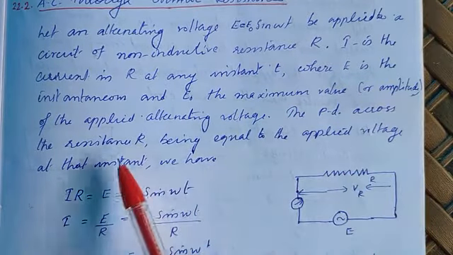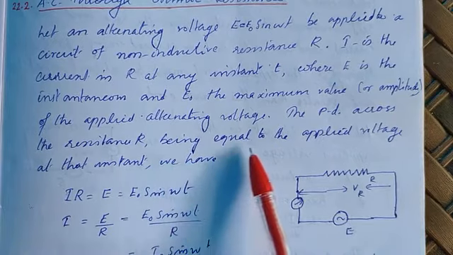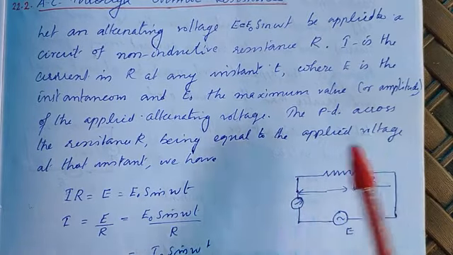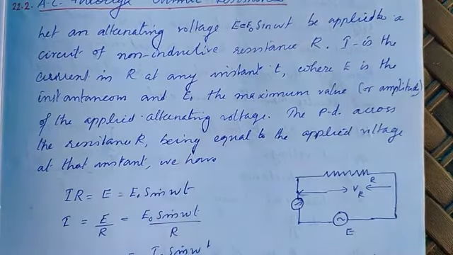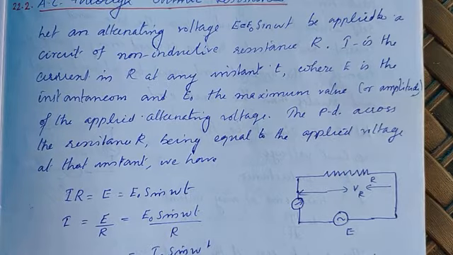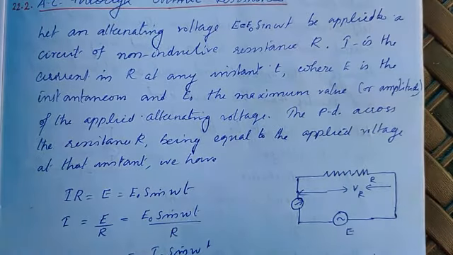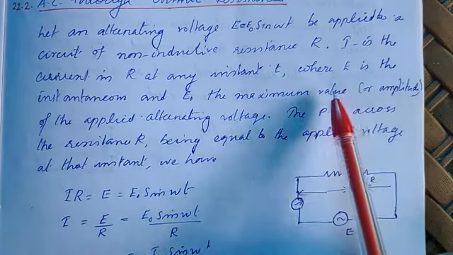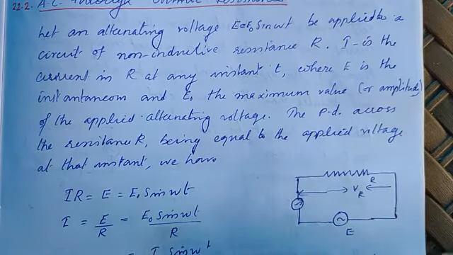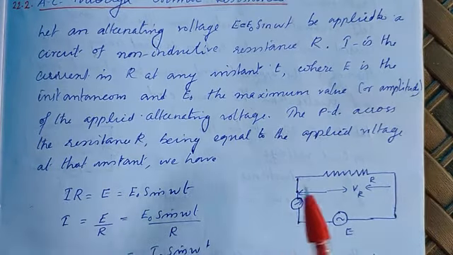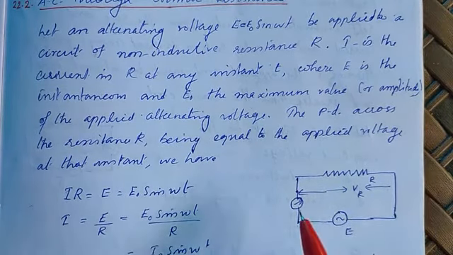The potential difference across the resistance R being equal to the applied voltage at that instant, the method of solving this is just like the problems we discussed in DC circuits. We consider the applied EMF in the circuit and what is across the components, equate the two, and solve the equation.